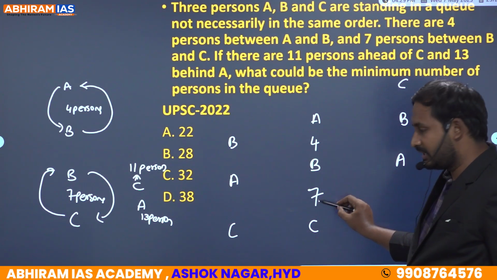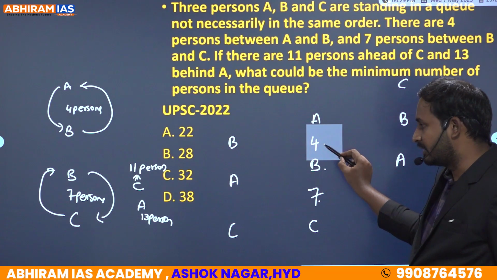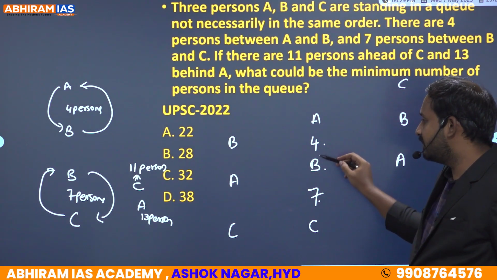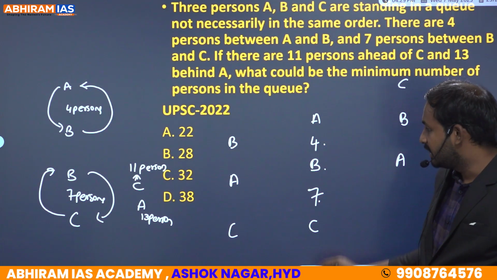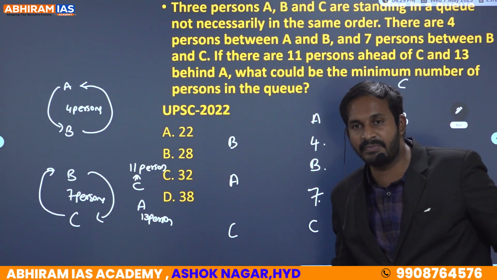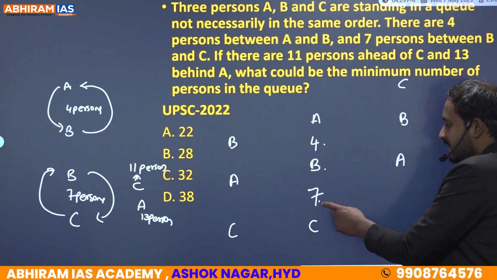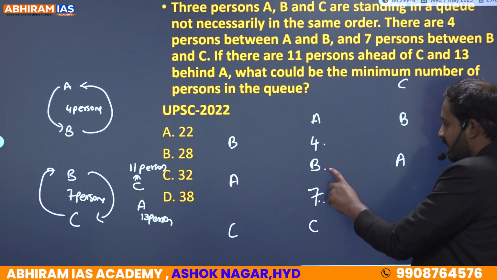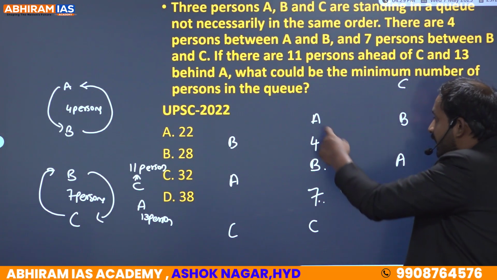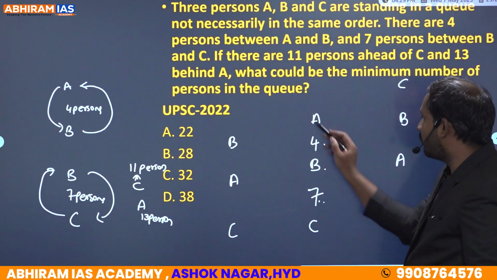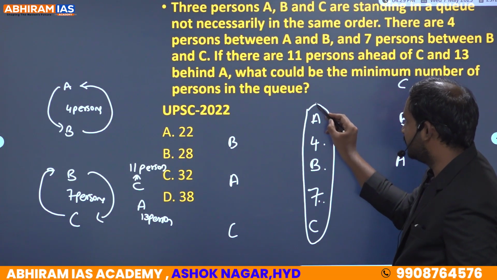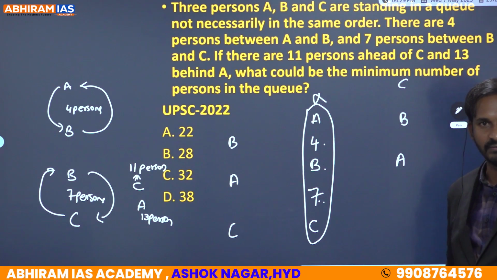Above C 7 are there, 8 plus 4, 12, and A is one more person, 13. But there should be only 11 persons above C, and here 13 are there. So this arrangement is completely wrong for me.